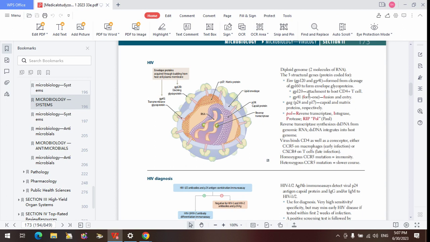It will be incorporated into the host membrane such that when the virus has replicated in that T cell and is ready to leave, it's going to bud through the plasma membrane. They form budding through the plasma membrane of the T cell, and they will carry along the GP120 and the GP41. It will not be attached on its own envelope. I don't know if that makes sense to you guys. That's why they said here.